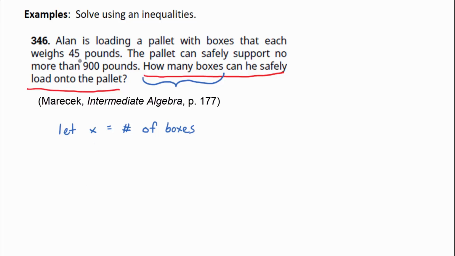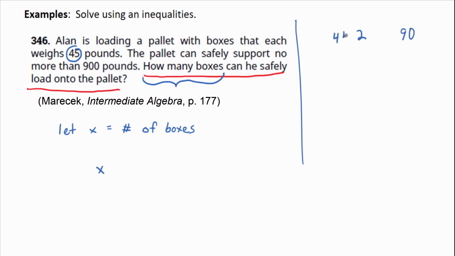What did you do to get the weight for 10 boxes? You multiplied 45 times 10. So how would you get the weight of x boxes? In terms of x, how would you get the weight of x boxes? You guys are so good at arithmetic. You said the weight of 2 boxes is 90. How did you get that?